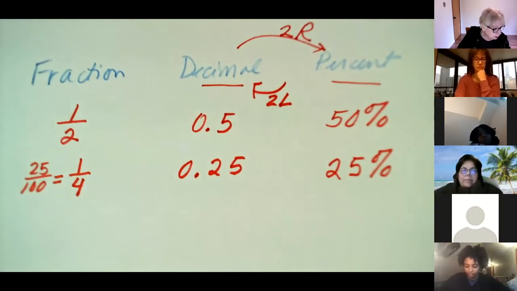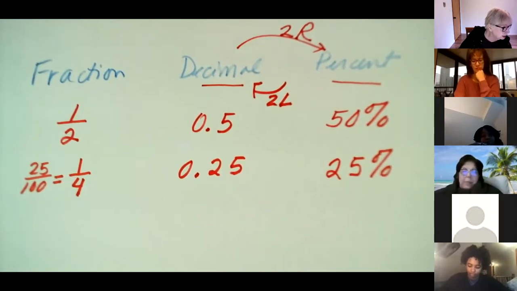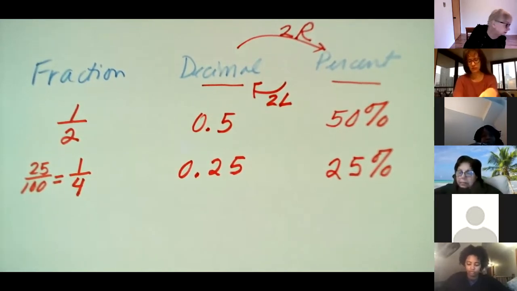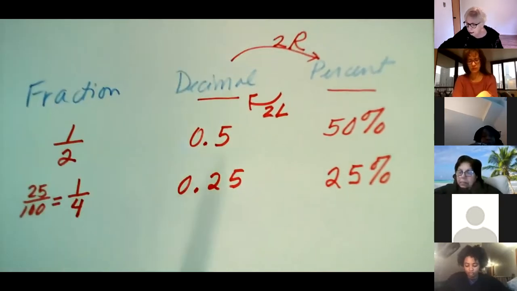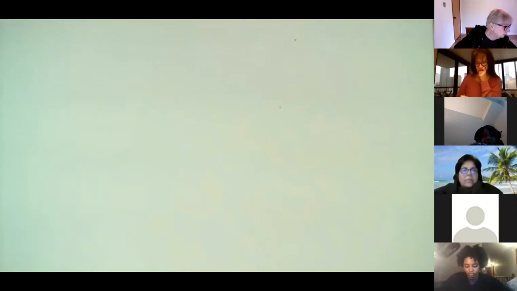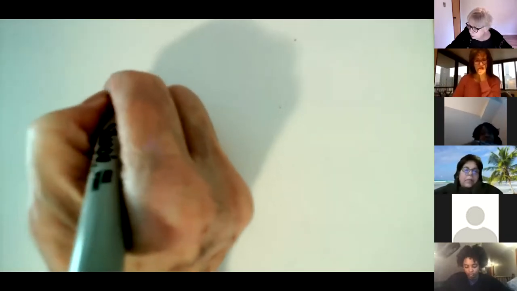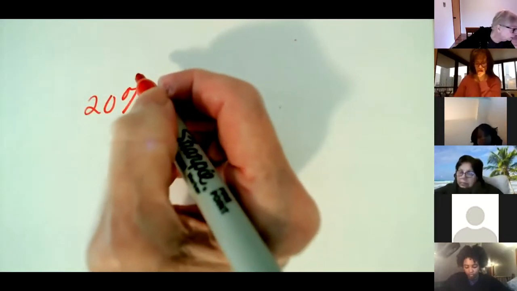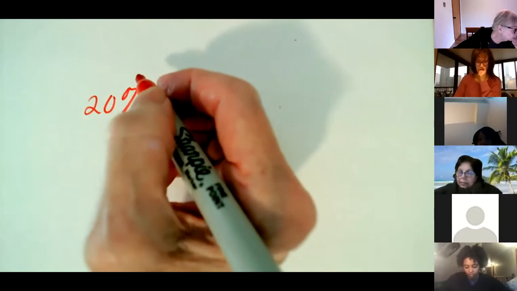So what they're going to be doing in this very first section is say, okay, let's see what we can do now. So they'll do just a piece of this table. One example, 20%, and they want it as a fraction.